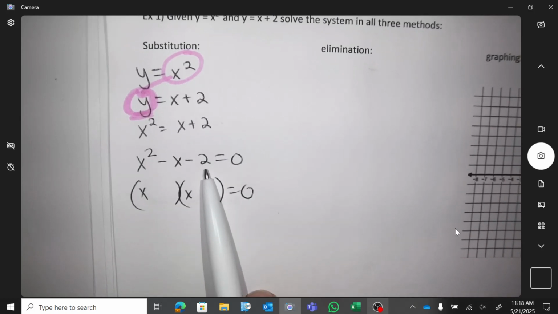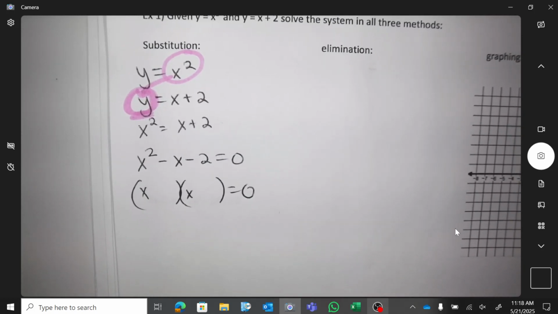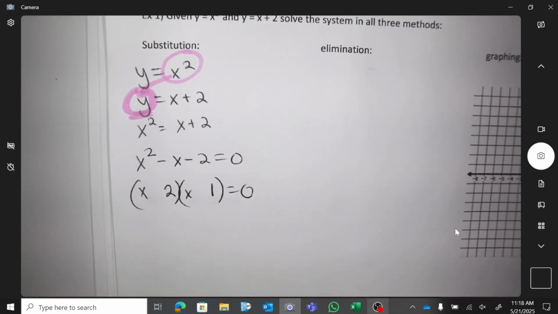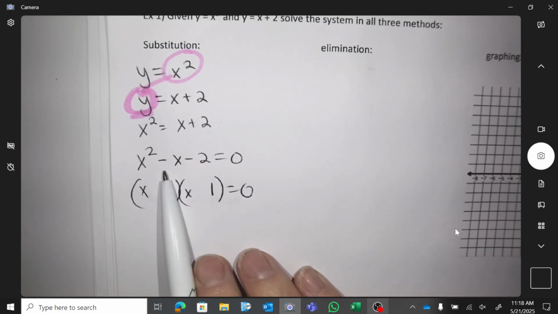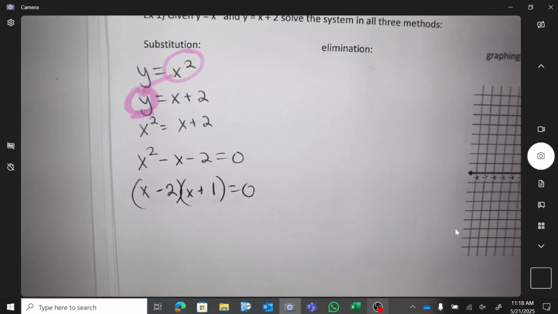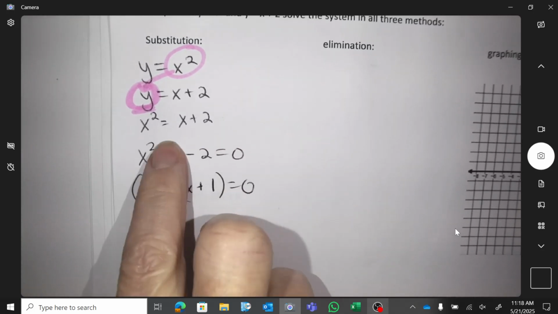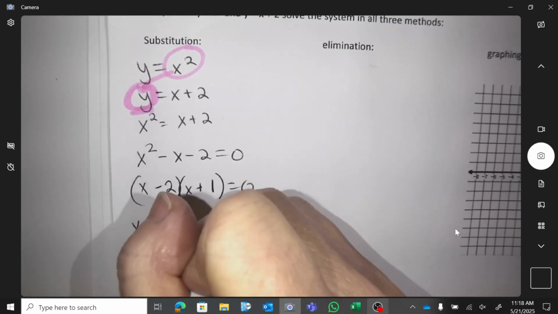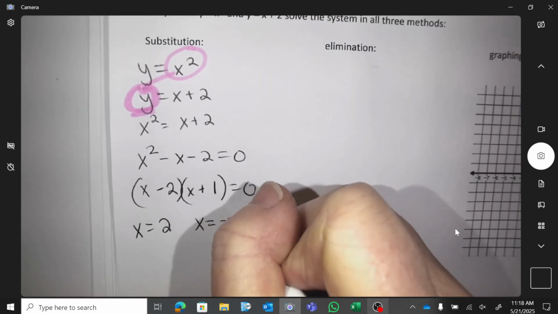Multiplies to -2, so there's only one set of multiples: 2 times 1. One of them will be negative. I've got to create an add of -1. Multiplies to that, adds to that, check. So the solution here is 2 and the solution here is -1.